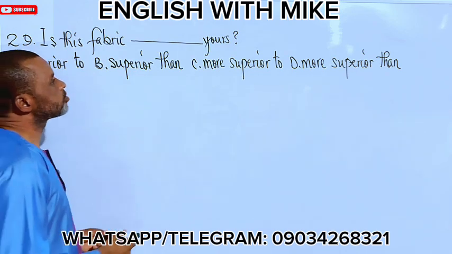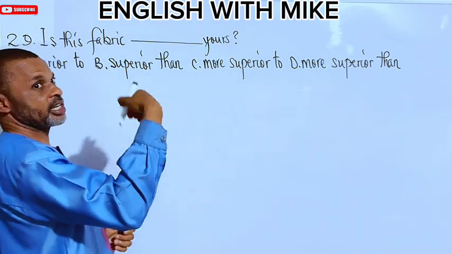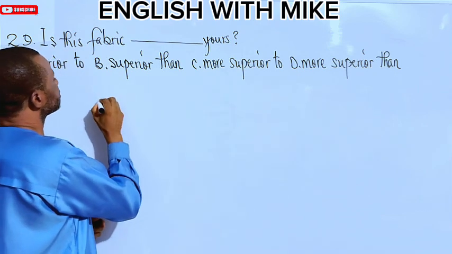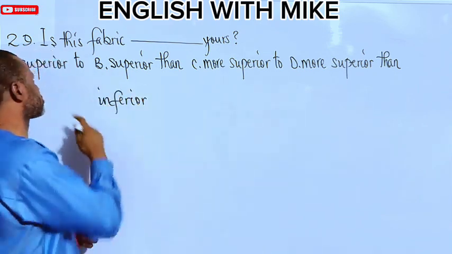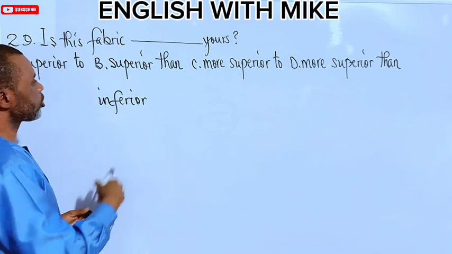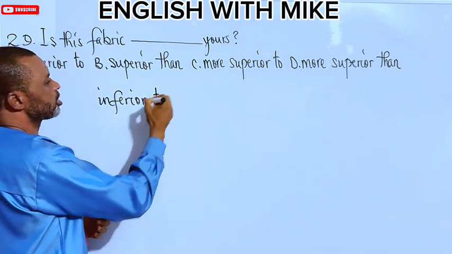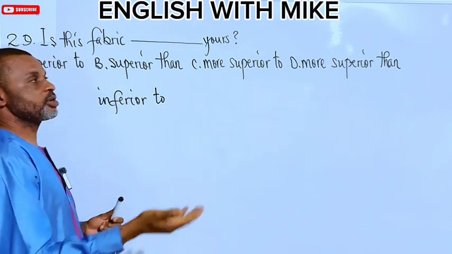All right. So how do you use superior, or conversely, that is in the reverse mode, inferior? Well, we use them both with the preposition to. This is superior to that. This is inferior to that.